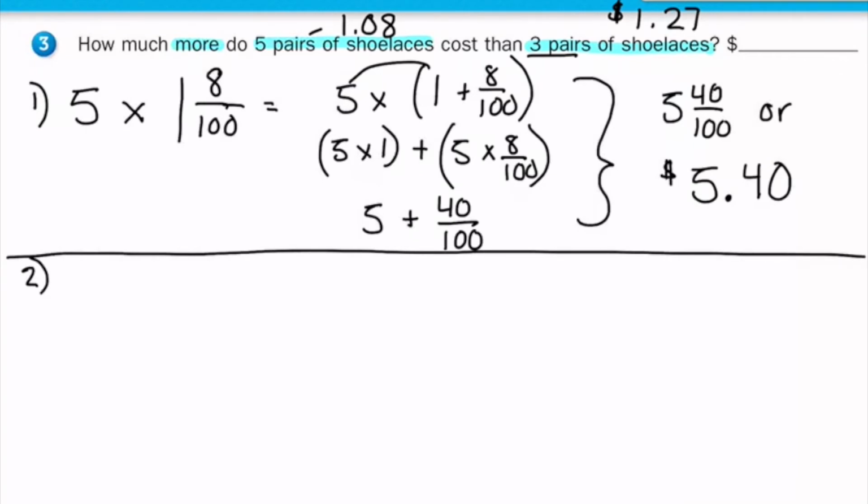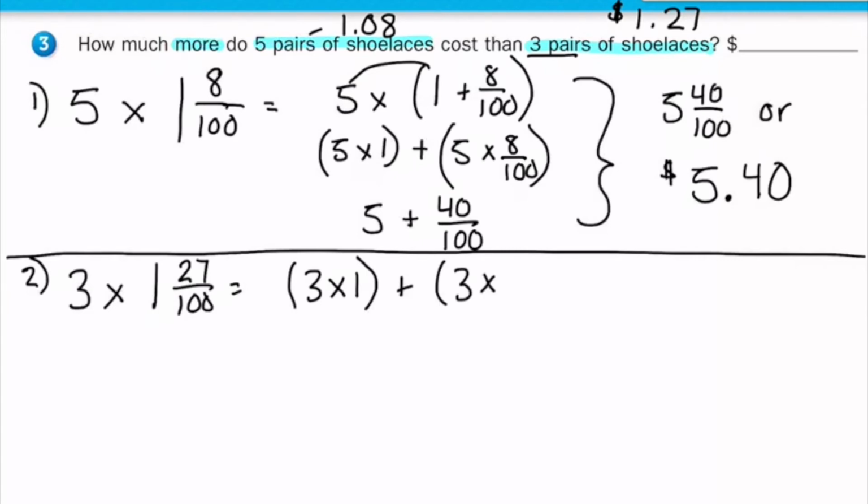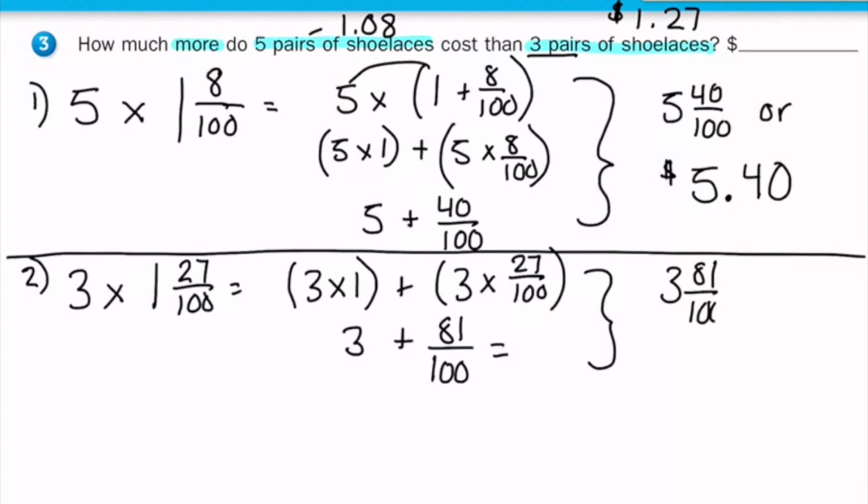Now we're going to do the same thing for number 2, but we're doing 3 times 1 and 27 hundredths, which would be 3 times 1 plus 3 times 27 hundredths. 3 times 1 is 3, plus 3 times 27 is 81 hundredths, which gives you 3 and 81 hundredths, or $3.81.